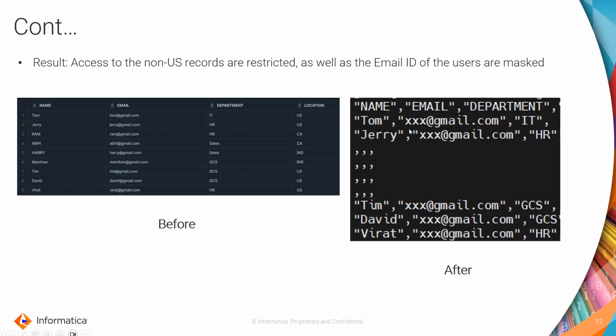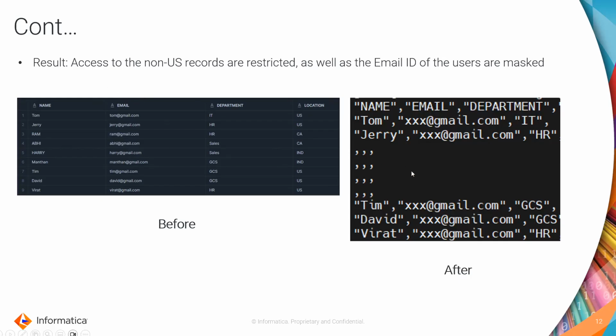Okay, this is the result. In the screenshots, we can see how our data was before. We had the email ID unmasked, and the locations were US, Canada, India, and so on. In today's session, our use case was to mask all the data not belonging to the location US, as well as mask the email ID.